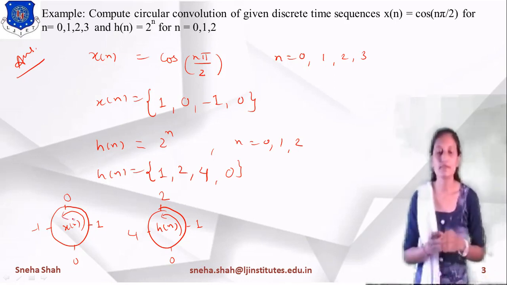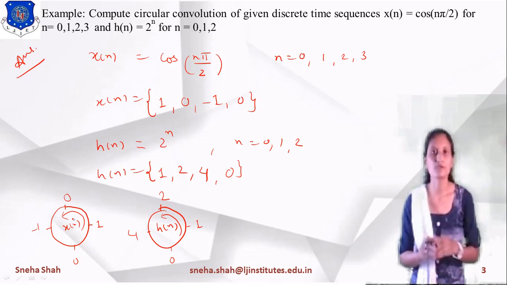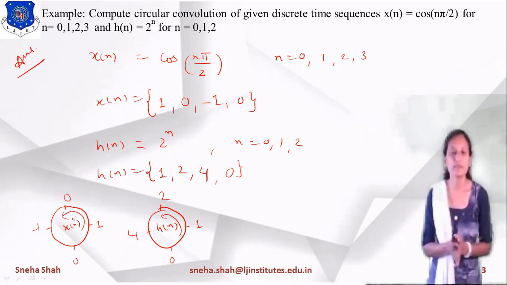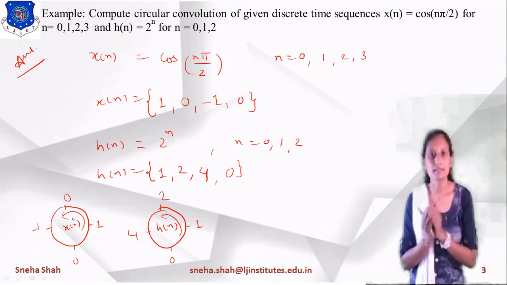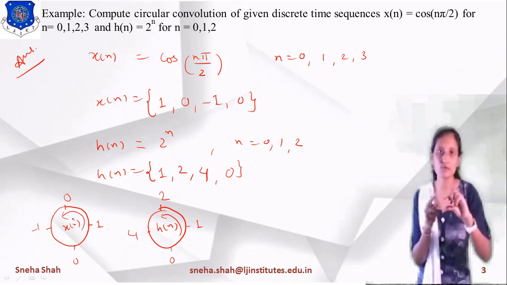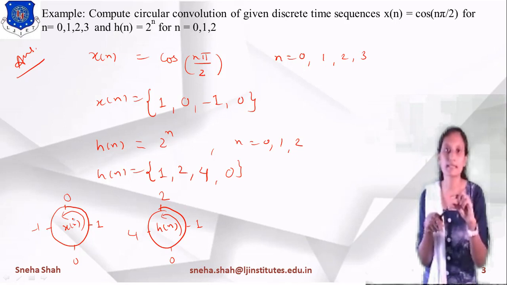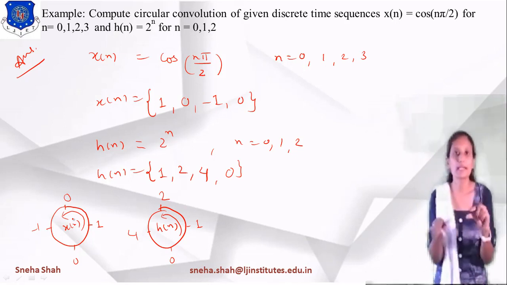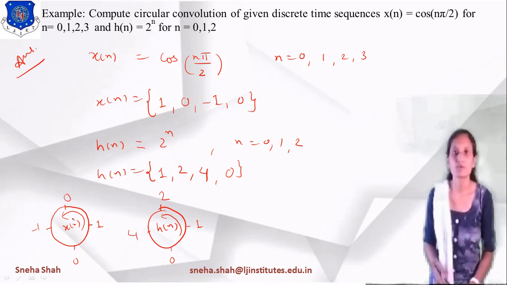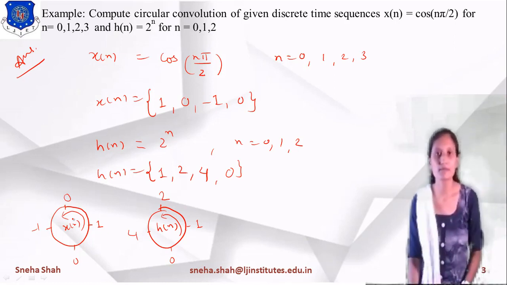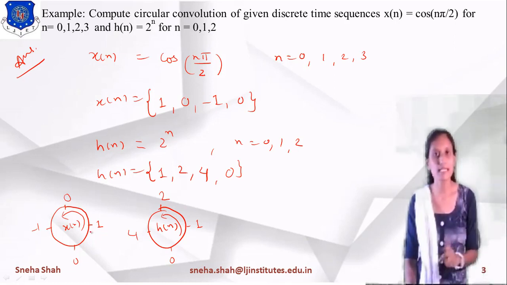Now, from the equation of circular convolution, we are convolving two sequences: we directly multiply these two sequences, then fold the sequence and rotate one by one, meaning we have to shift the sequence, right? To solve this example by the graphical method, we will draw these graphs for each and every step.